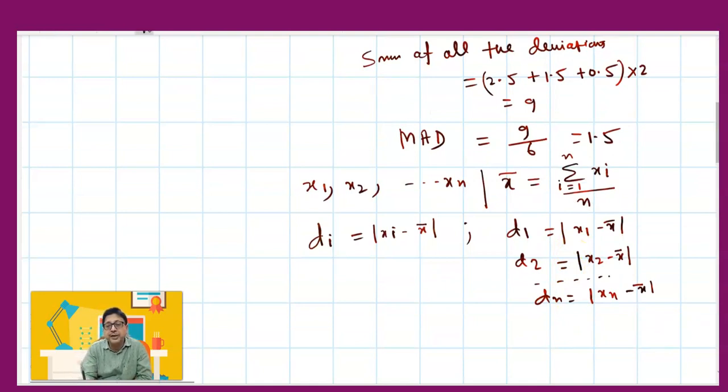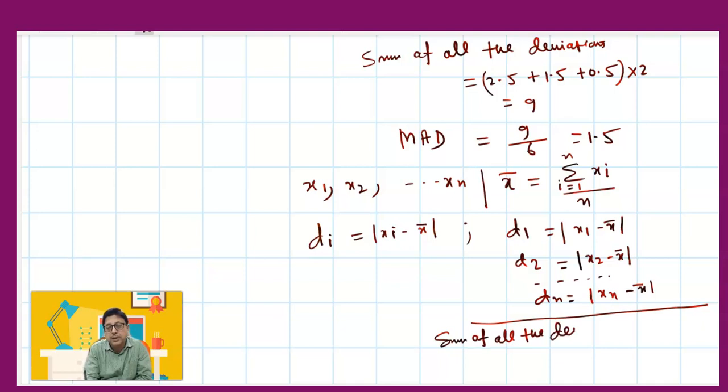Now what we'll do, we'll find the sum of all these deviations. So the sum of all the deviations is equal to d1 plus d2 plus this way up till dn.